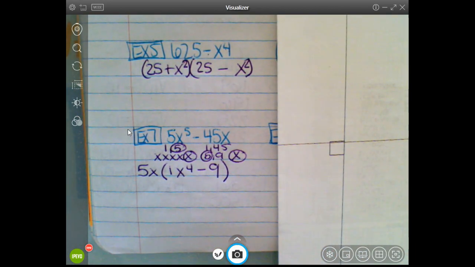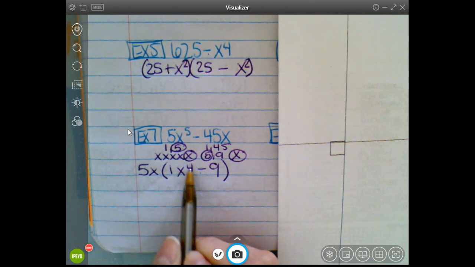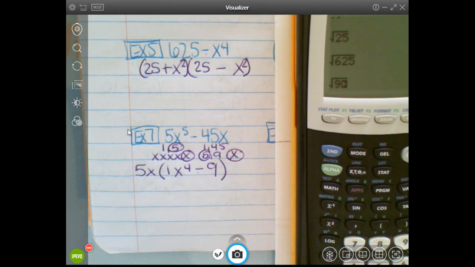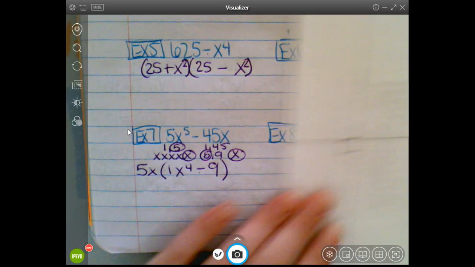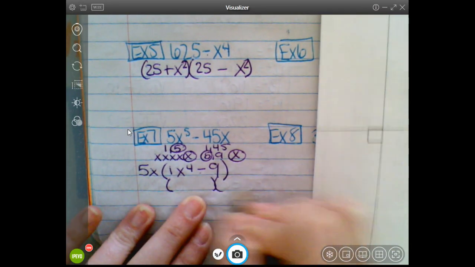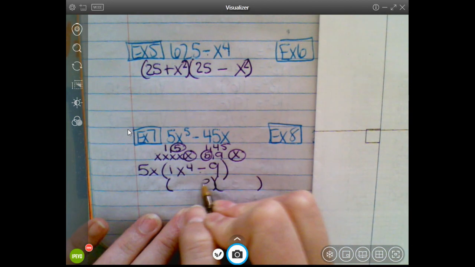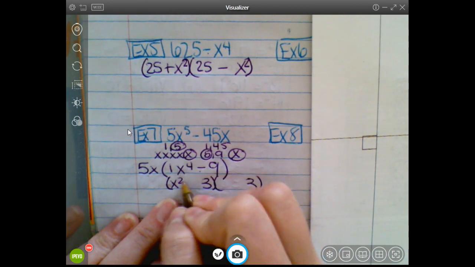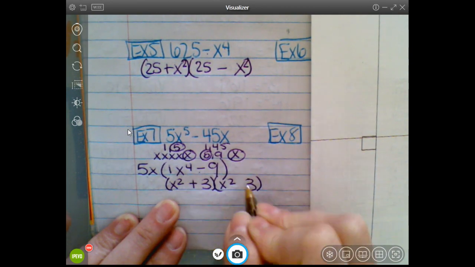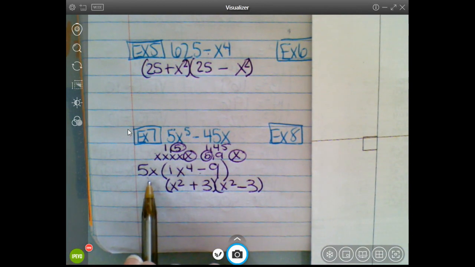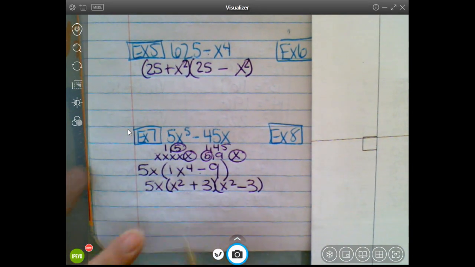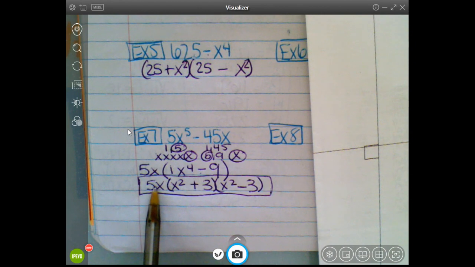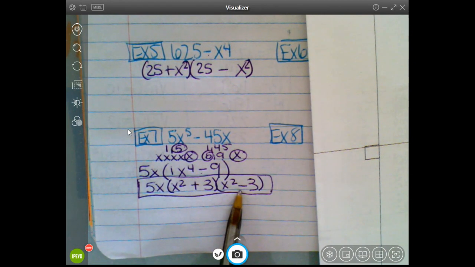Oh, now I have a subtraction. Now I have an even exponent. And 9, if I check it, and we did this one before, is a perfect square. So what happens here is I have to use 2 strategies in one. 9, we got 3. Just like before, if this is x to the 4th, that means I need x squared, x squared. One positive, one negative. But now what do I do with that 5x? I just copy it down and leave it out front. So it's kind of a 2 for 1. I used the old way so I could use the new way. And that would be my final answer.